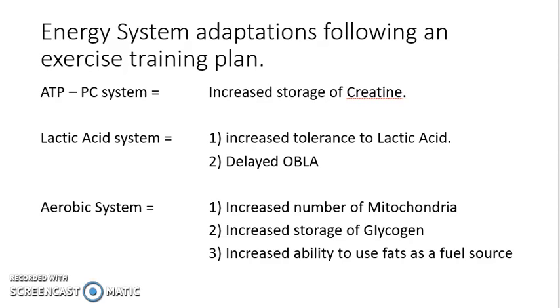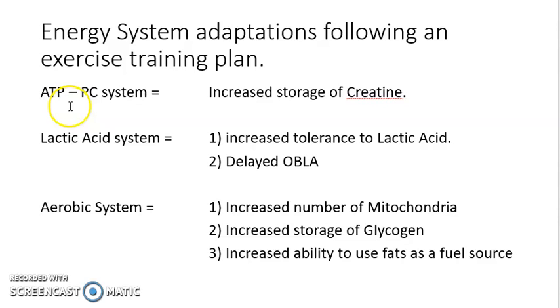These are the adaptations that would have occurred within my energy system, and I've broken those down into the 3 different energy systems. I'm not in this video going to give you too much specific information about those because I need you to think about it and apply it to the question. We'll revisit this so that you do have all of that knowledge, but I want here really for you to be able to apply your knowledge and really think this through.